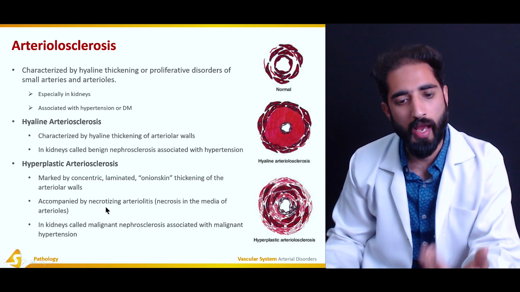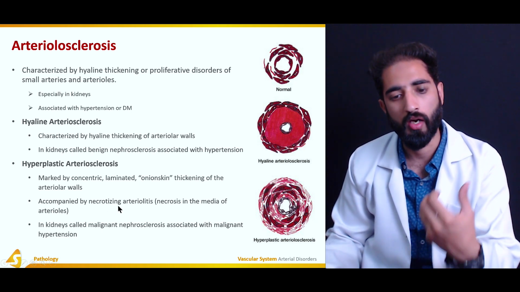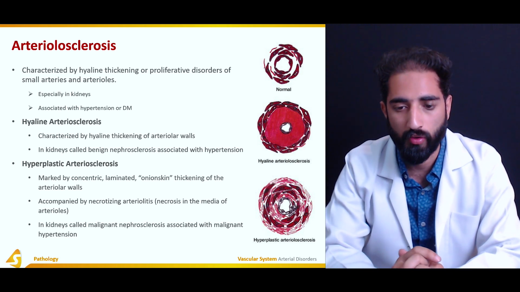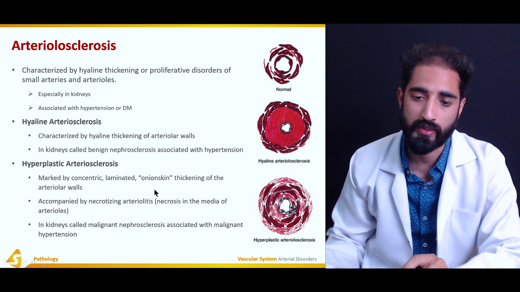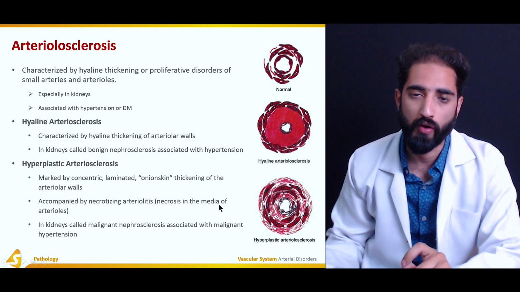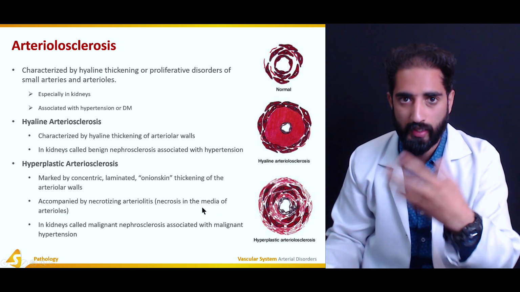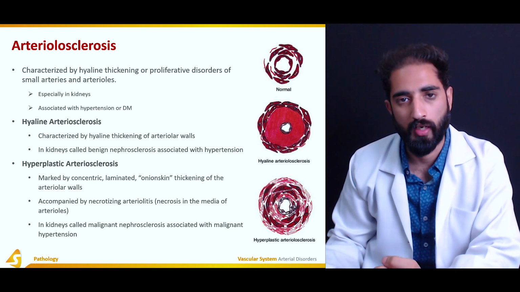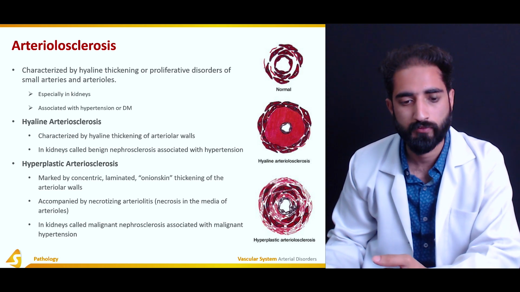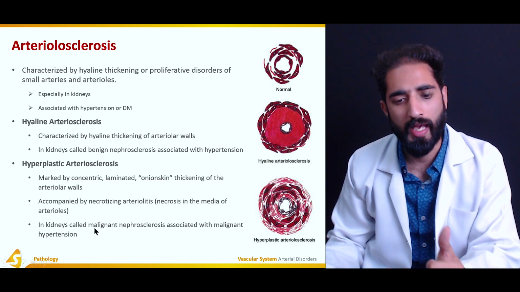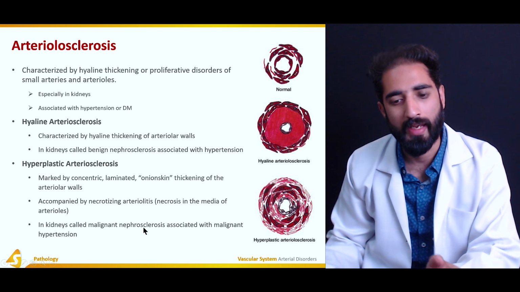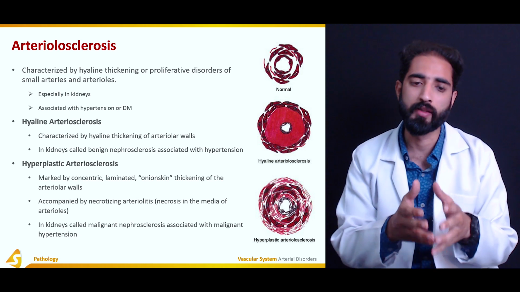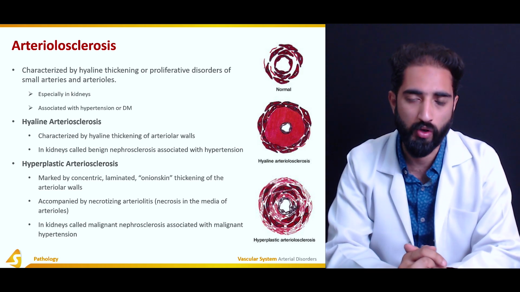It is accompanied by necrotizing arteriolitis, which means inflammation of the arterioles, and specifically necrosis in the tunica media of the arterioles, which is the smooth muscle lining of the arteries or arterioles. In kidneys, it is called malignant nephrosclerosis and is associated with malignant hypertension, so it is more severe than the hyaline arteriolosclerosis.